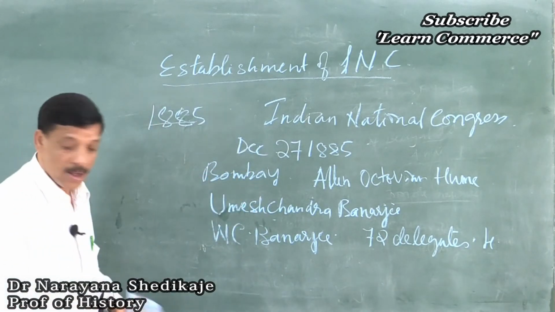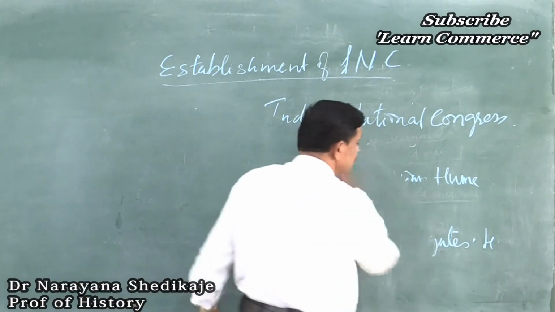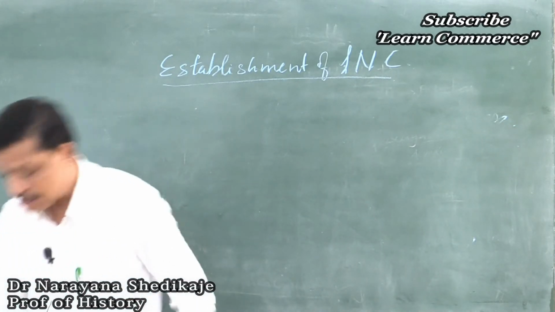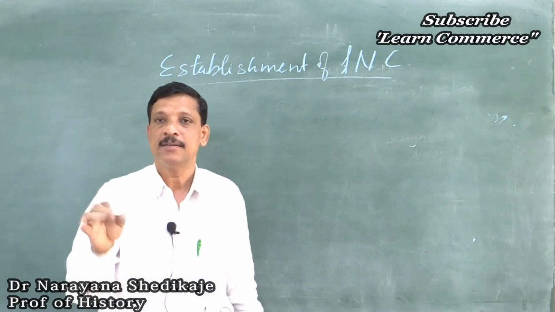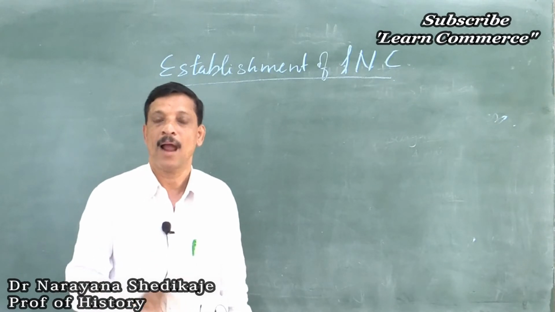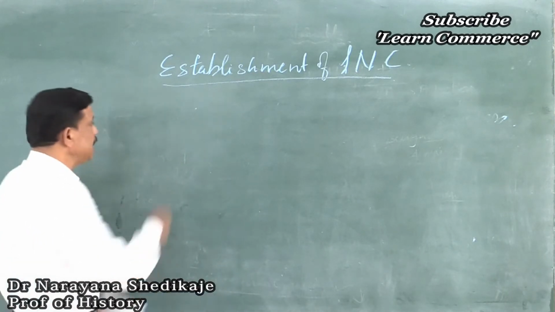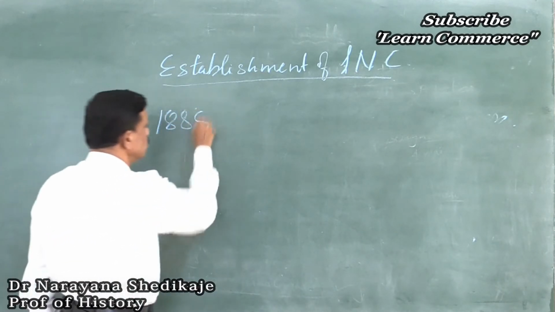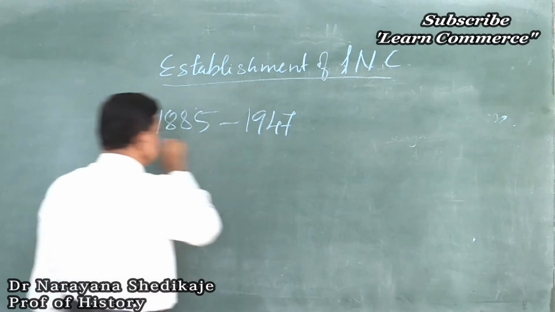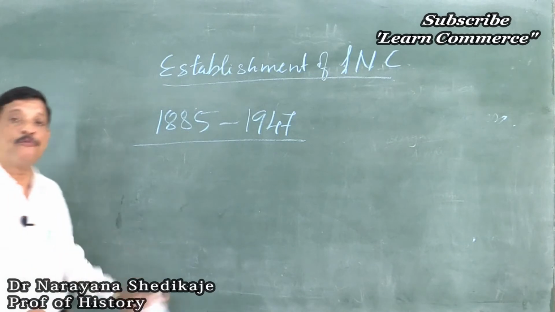After the establishment of the Indian National Congress, we can see the different stages of the Indian national movement. This became a very important event in the history of India, and especially in the history of the national struggle. From 1885 to 1947, it was more than 50 years of an organized movement.